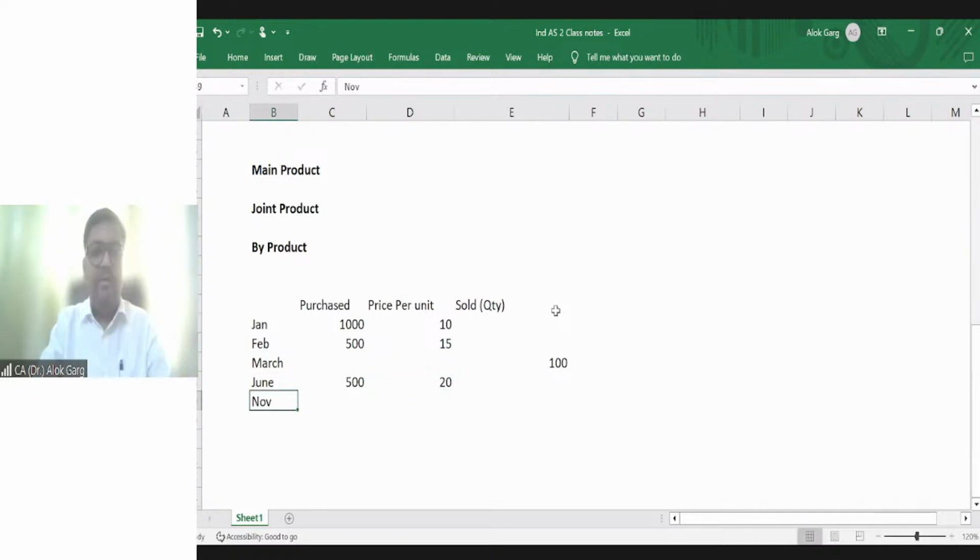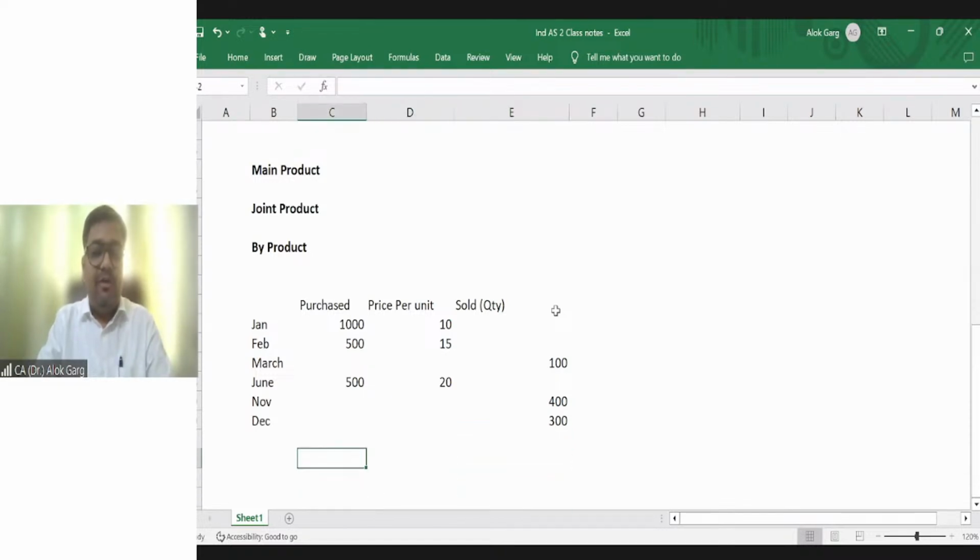In November, 100 units sold. In December, again 300 units sold. So what is your closing quantity?